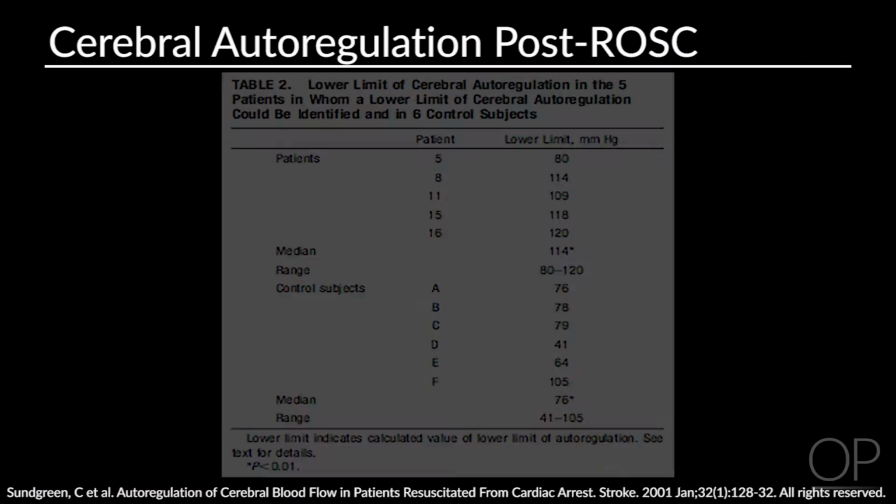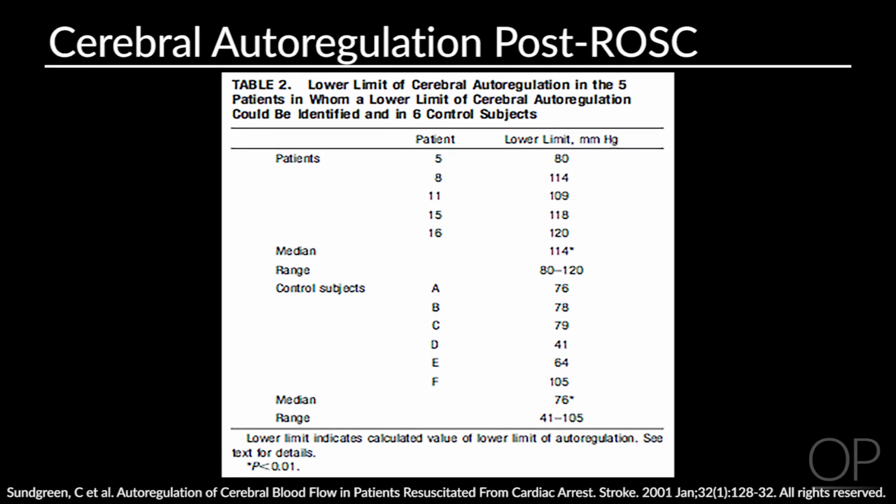What Klaus ended up finding was that only about half of their patients had normal cerebral autoregulation. When they went on to try and identify the autoregulation curves for those patients that they could, they compared it to the autoregulation curves of their healthy volunteers. And what they found is that the lower limit of autoregulation could be identified in many of these patients.